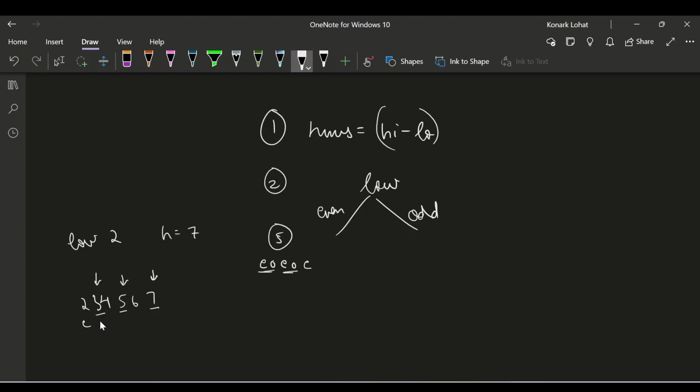So this is even, odd, even, odd, even, odd. High minus low basically means the numbers in between, and they are equal to 5, and you can clearly observe 1, 2, 3, 4, 5, there are 5 numbers, and then you have this odd as well.